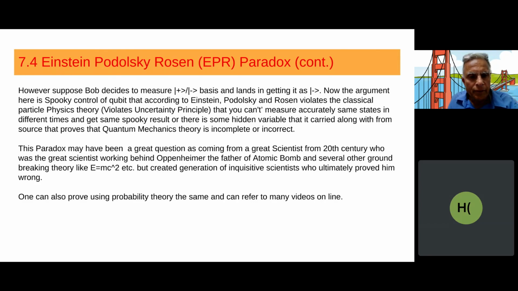So yes, of course, Einstein is great. He had his E equals mc squared, along with Satyendra Bose, the Bose-Einstein relations, and various other equations. He also worked along with Oppenheimer, whom you would have seen in the recent movie, Father of the Atomic Bomb.